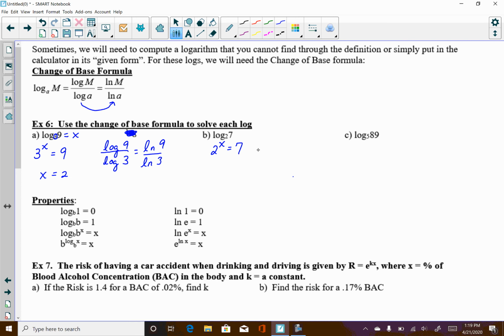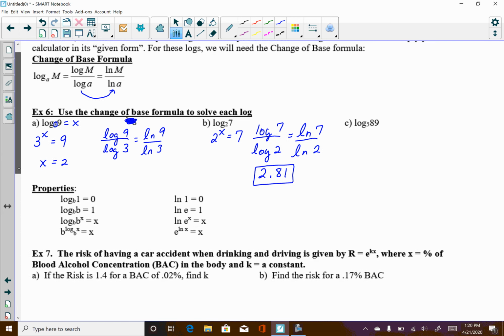Instead of doing trial and error, we can simply say log of the argument divided by log of the base, or natural log of the argument divided by natural log of the base. Either way you do it, you're going to arrive at 2.81. I just did 2 decimal places throughout this whole set of notes. Okay, and I'll let you try letter C there, and I've shown my work on the solution key.